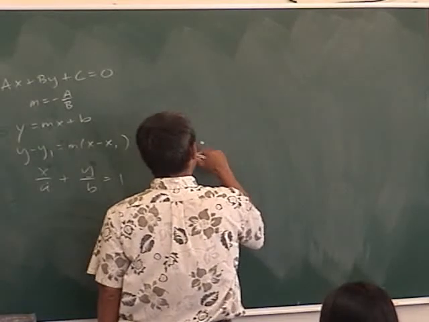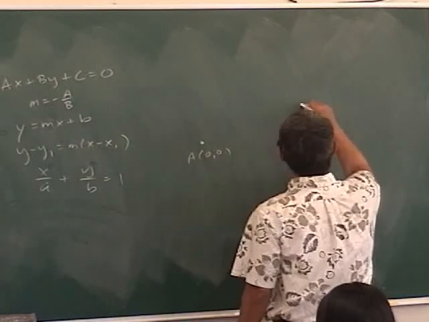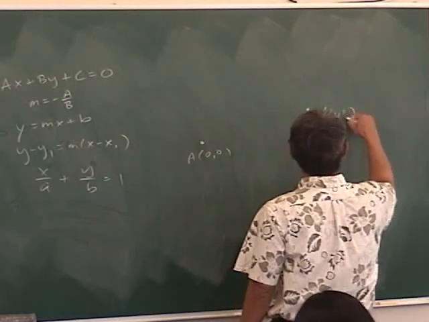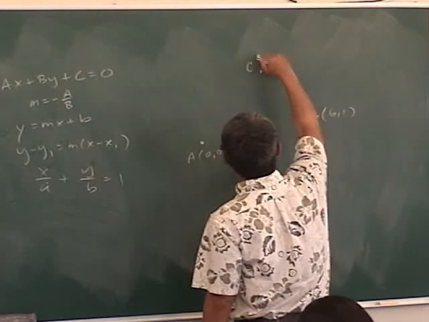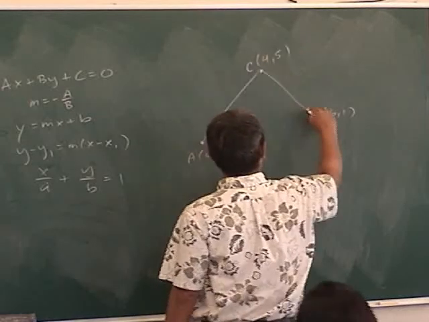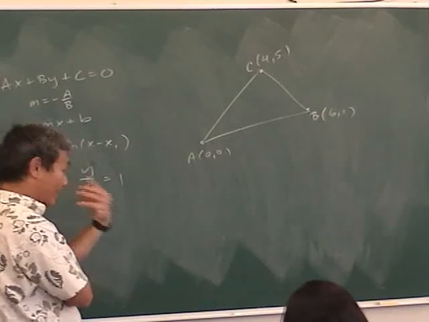Okay, vertex A. This almost looks like number 1 in tonight's homework. I'm going to use different numbers. I hope I use different numbers. B is (6, 1), and then C is going to be (4, 5). Okay, these 3 points form a triangle. Now you're going to write equations of a line.